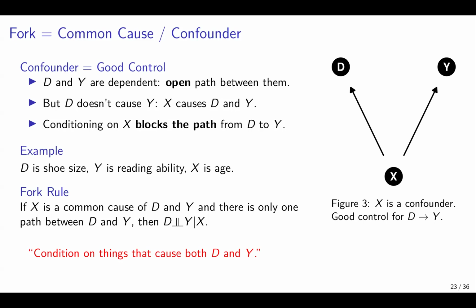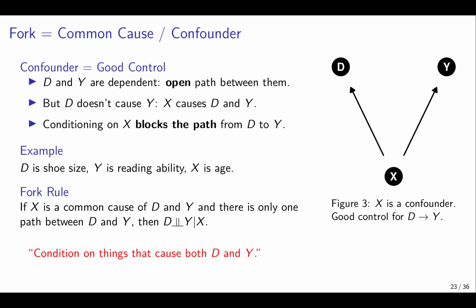So here is the rule that you need to learn when you encounter a fork. When you see a DAG that looks like this, where X is a common cause of D and Y, and there is only one path between D and Y, then D is independent of Y given X. Let me say that just one more time.